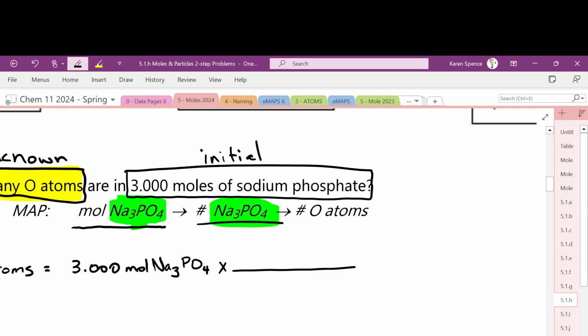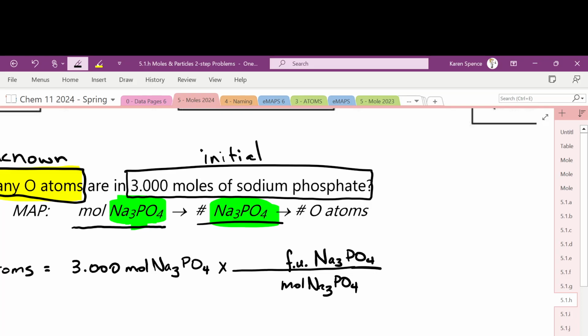What unit should go on the bottom? Moles of Na3PO4. And what should go on the top? Formula units, or molecules if you prefer, of Na3PO4.